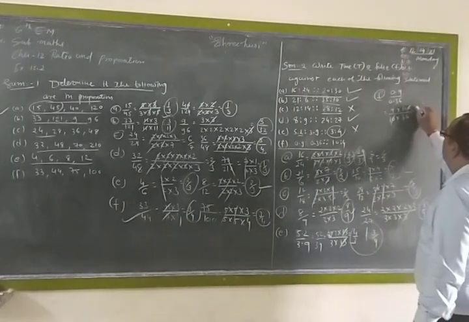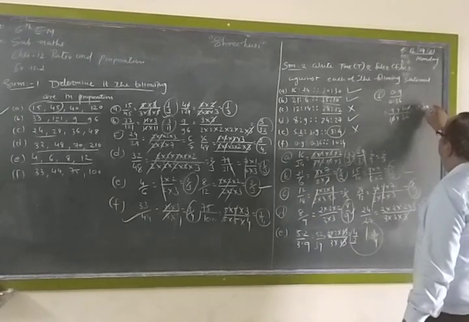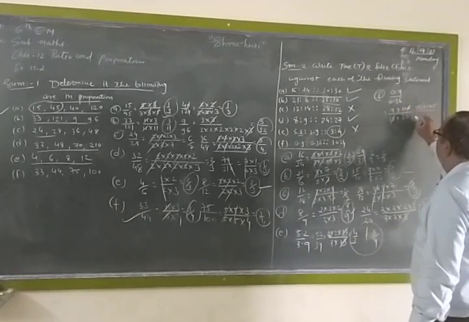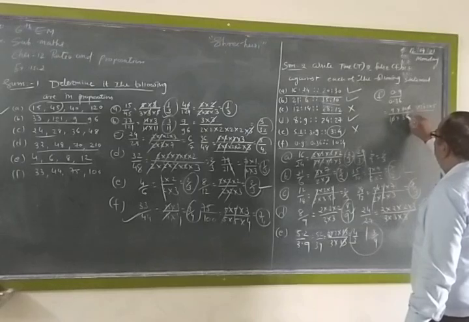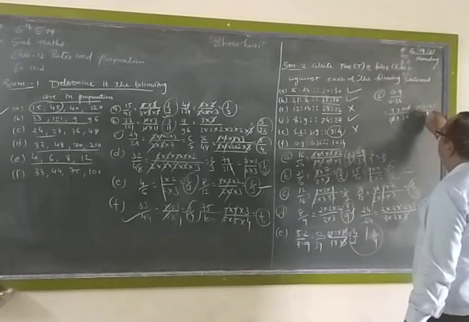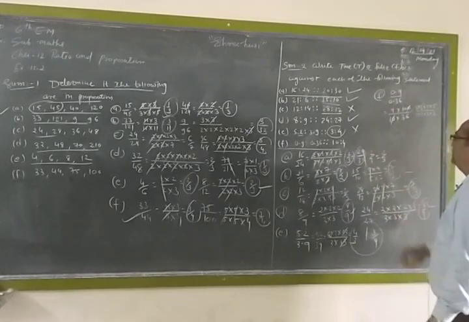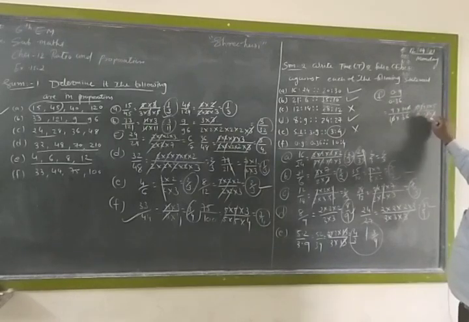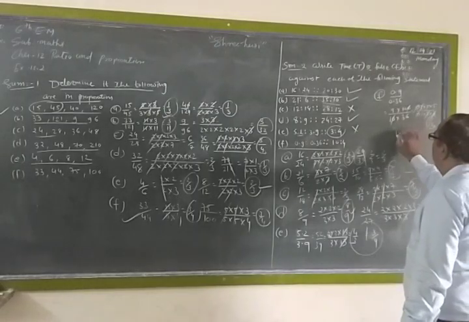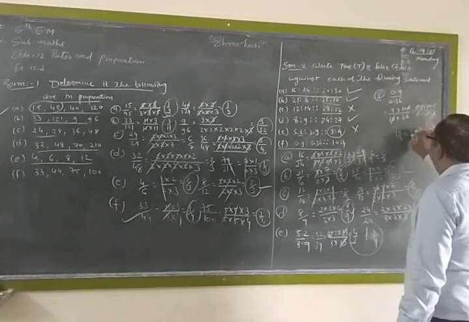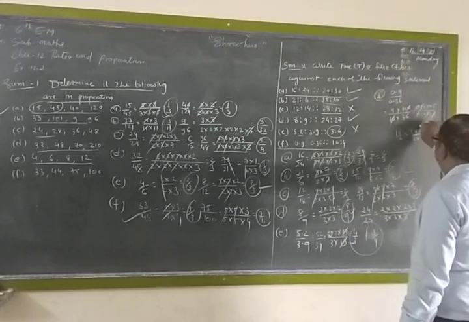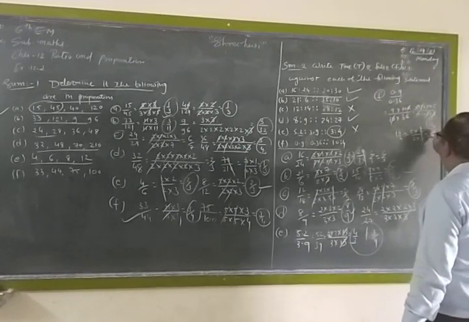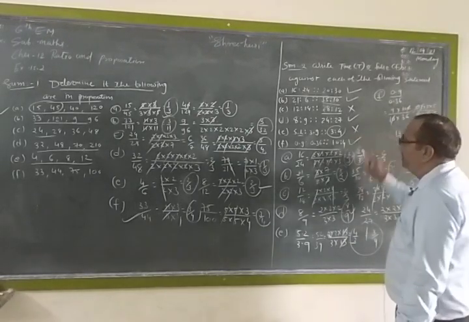Now 3 3s are 9 and 2 5s are 10. 36: 2 2s are 4, 3 4s are 12, 3 12s are 36. Now 3 cut, 2 also cut, so 5 upon 2. Now the last, 10 upon 4: 5 2s are 10 and 2 2s are 4, cut, so 5 is to 2. Both are the same, so it is true.